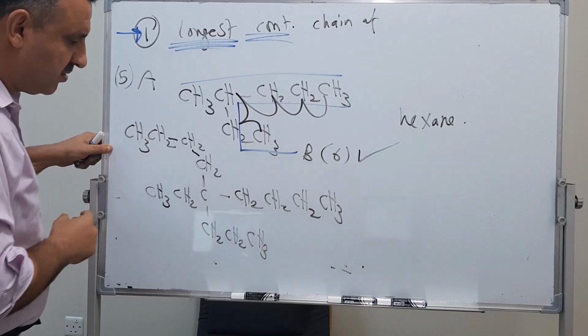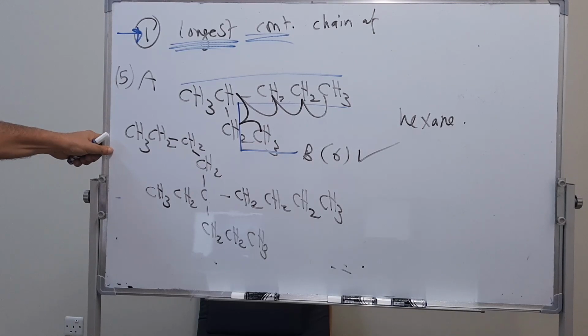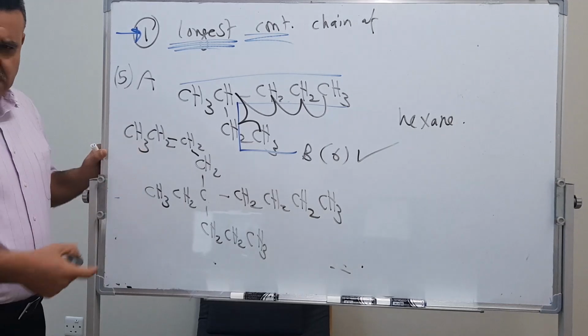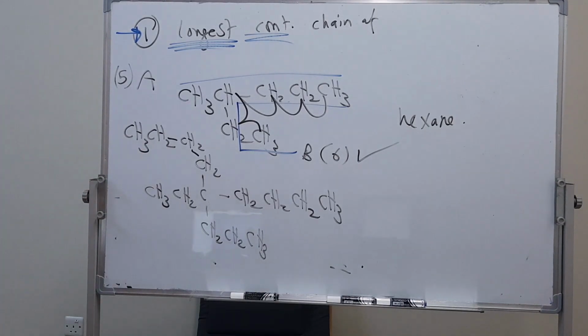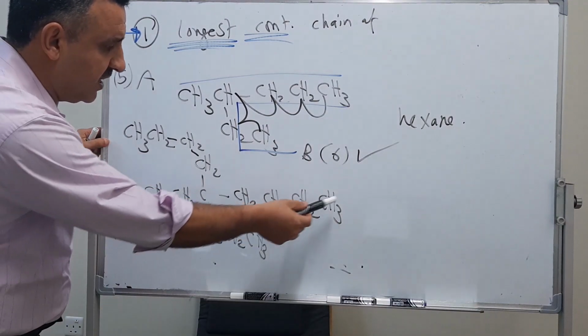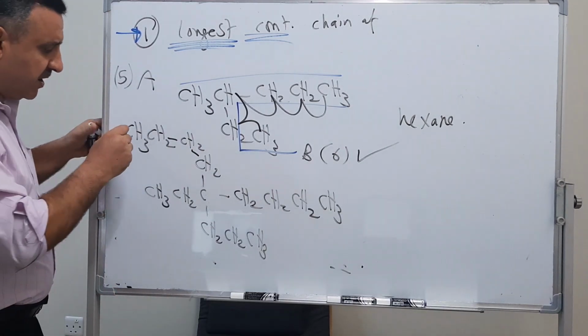So another example, I don't know if there will be any continuous chain or not, but just looking for that. So what we mean by the longest chain, let's take this example. What's the longest chain of carbon atoms we have in this example? How many carbons? 9, you mean? So it is 1, 2, 3, 4, 5, 6, 7, 8, 9. Now, this is true. This is the longest chain of carbon atoms.